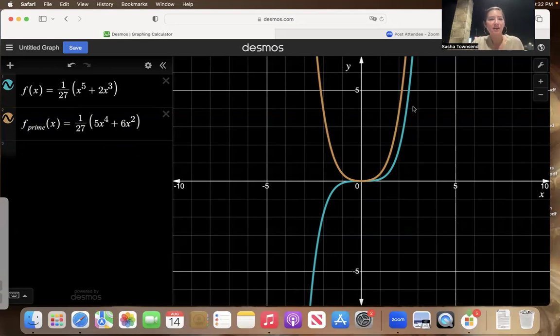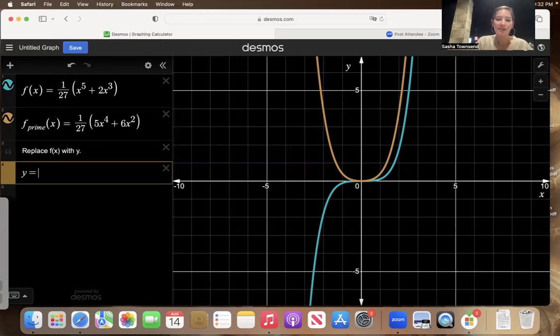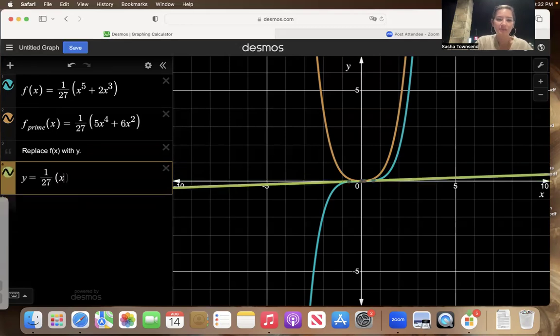Now, if we switch the roles of x and y, we get an inverse function. I don't know how to solve for f inverse as a function of x, but I know an equation that will be satisfied by f inverse. So let me first replace f with y. And so we just get y equals 1 divided by 27 times x to the 5th plus 2x cubed.